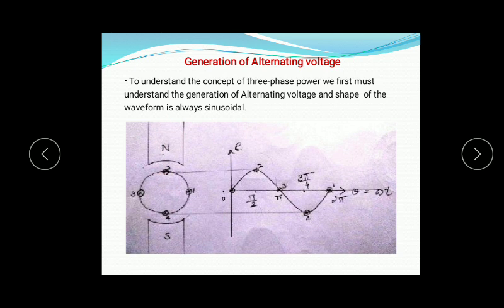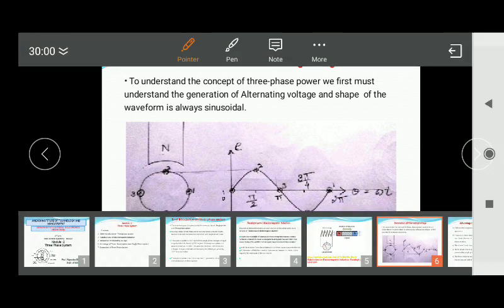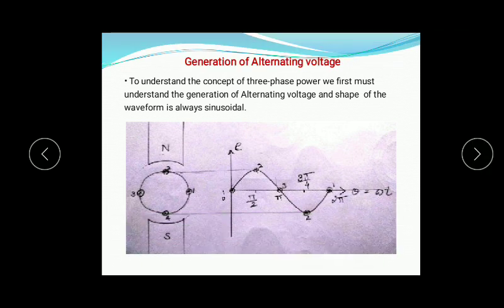If we keep a conductor of length L placed perpendicular to the lines of flux, from the front view it is just a dot for a conductor. So let's imagine a conductor of length L placed perpendicular to the lines of flux of constant flux density. So there is a constant flux density coming from these two poles.